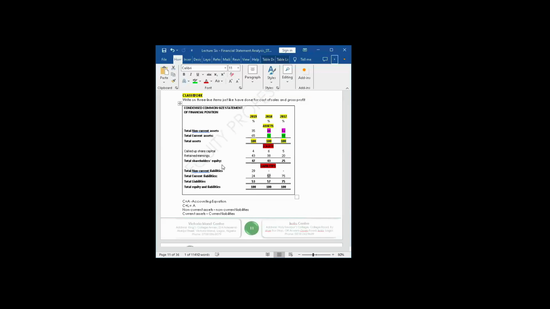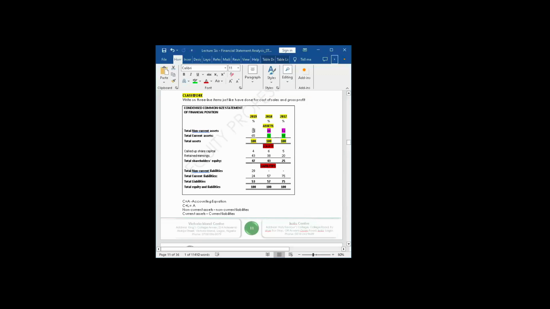So it could be that they noticed they have so much current liabilities, and they needed to sell off some of their assets in order to what? To settle it. And that's why the current liabilities decreased here.